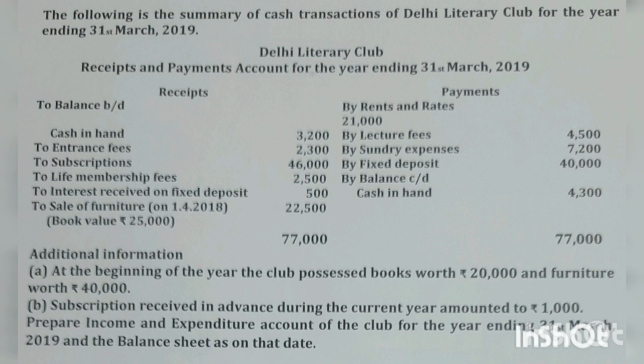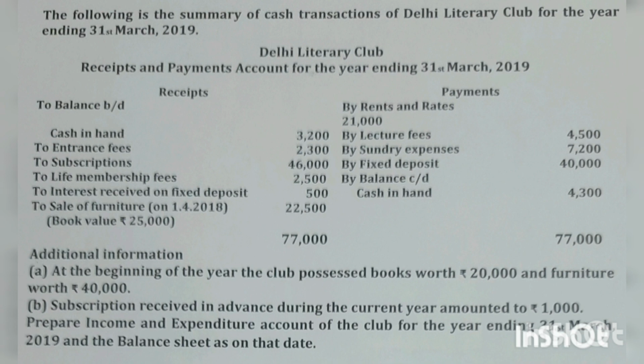So we should calculate the profit or loss incurred in the particular sale. Here the club has incurred 2,500 rupees loss: 25,000 minus 22,500, because sale value is only 22,500.